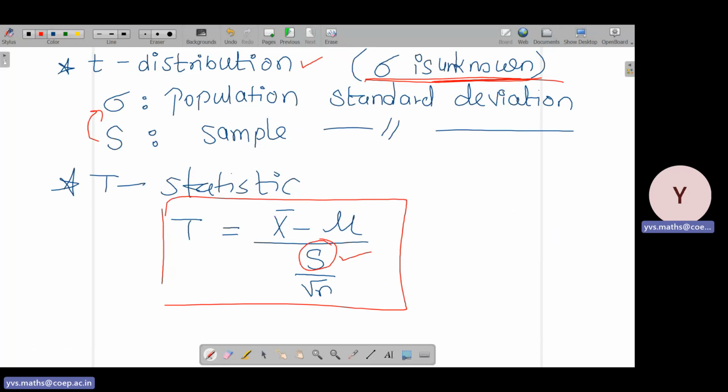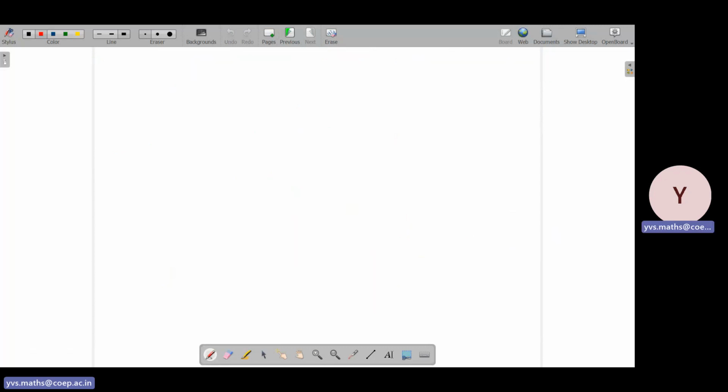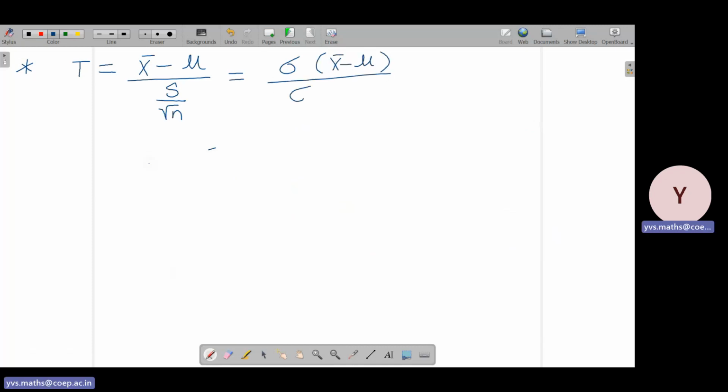Once we have understood what the t statistic is, let's go ahead. Just now we have seen, and this is a very important note, that we define the t statistic as x bar minus mu upon s by root n. The same thing I can write as sigma into x bar minus mu upon sigma into s upon root n.